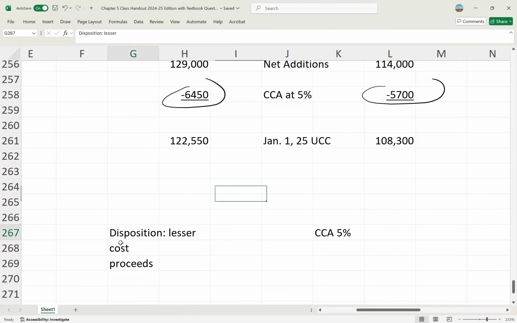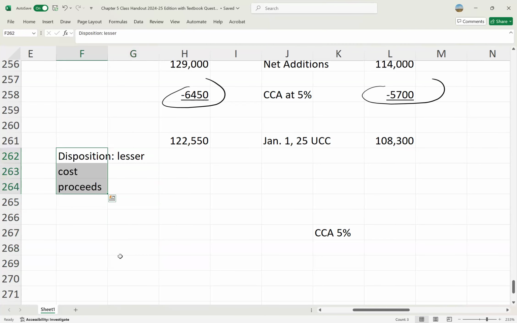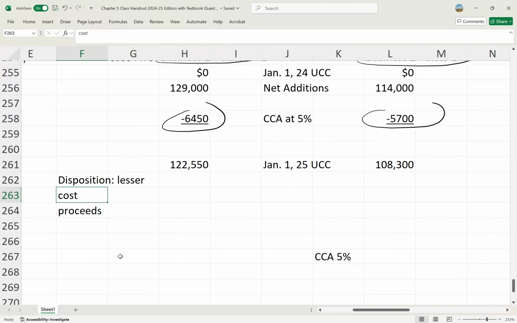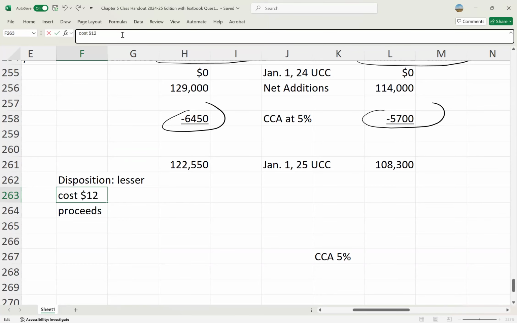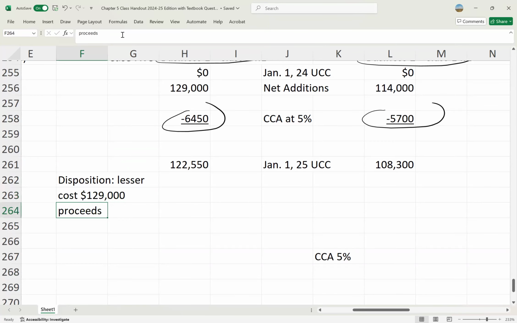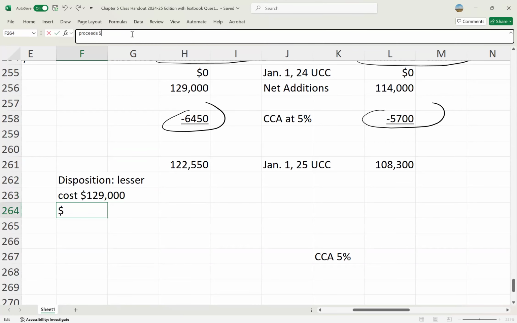So for business one, we are now going to sell it, and included in the sale is a payment for goodwill. And the cost of the goodwill that we currently have in this class 14.1 is 129,000. The proceeds that we get for the sale of this business for the goodwill is 136,000.